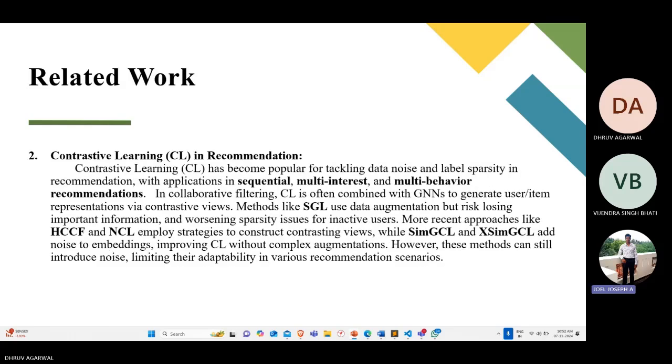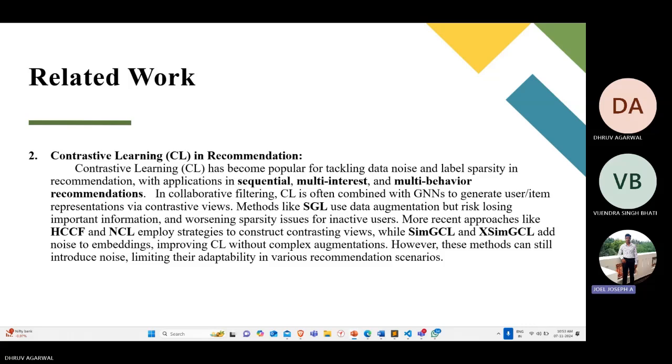Another related work in this field is contrastive learning in recommendation. This has become popular for tackling data noise and label sparsity in recommendation, with applications in sequential, multi-interest, and multi-behavior recommendations.